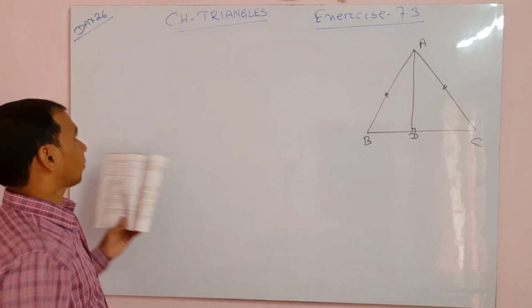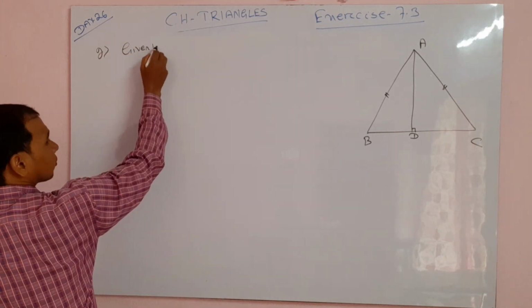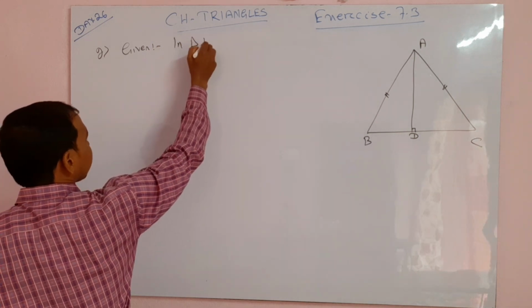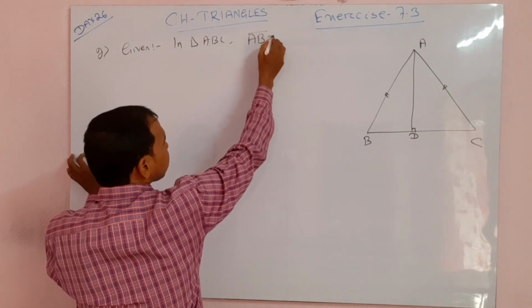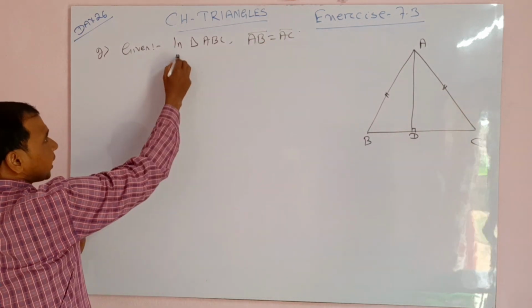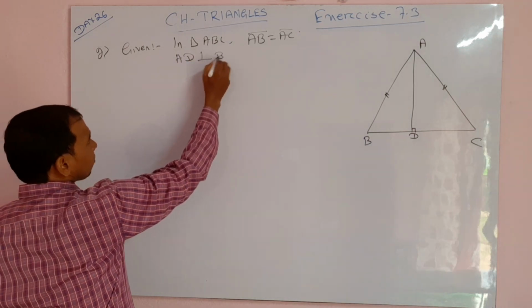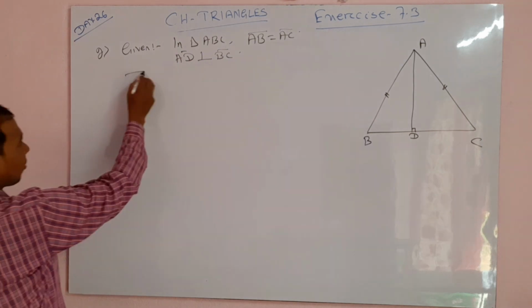So you show that. First you write the given for number 2. In triangle ABC, AB is equal to AC and AD is perpendicular to BC. Given complete, then come to prove.